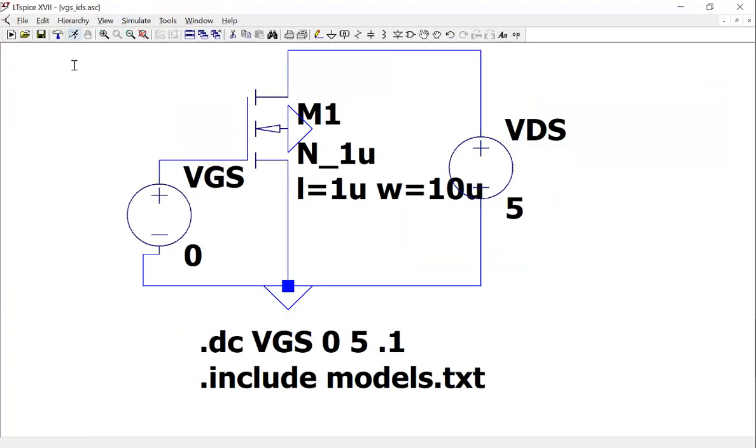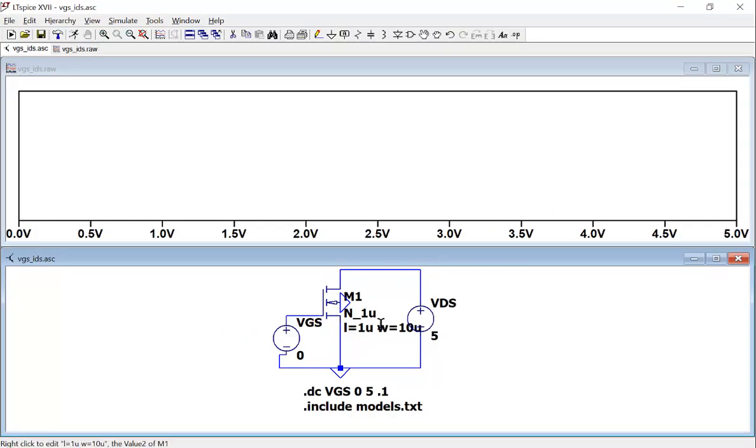So now I'm going to run the simulation. How to probe the current? You see this red probe, this little thing is probing voltage. It probes voltage. But I have to put it pretty close to the drain of the transistor. You can see there's a black probe, has a circle on it. That's a current probe.